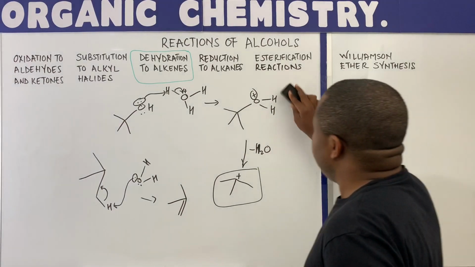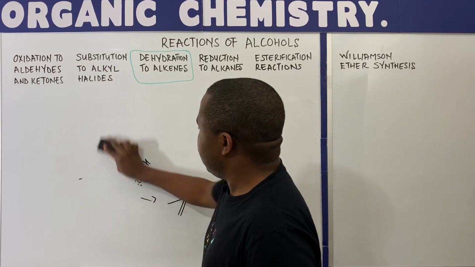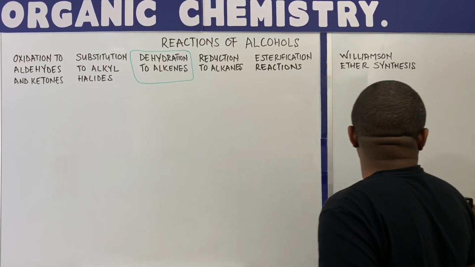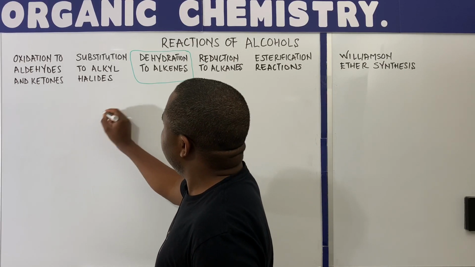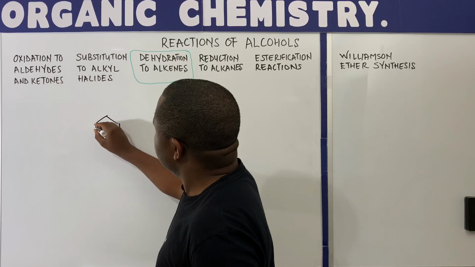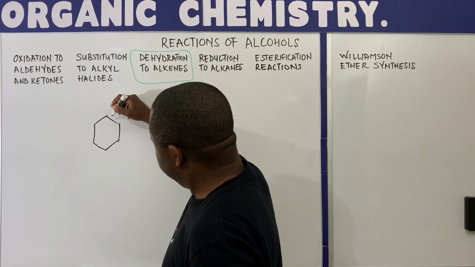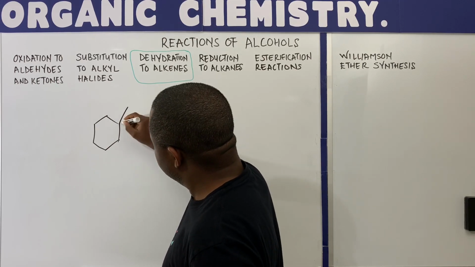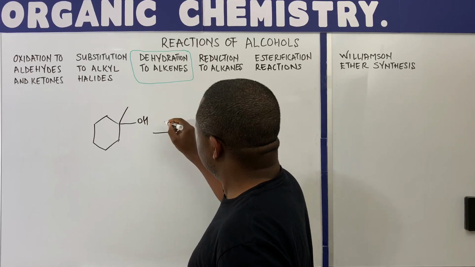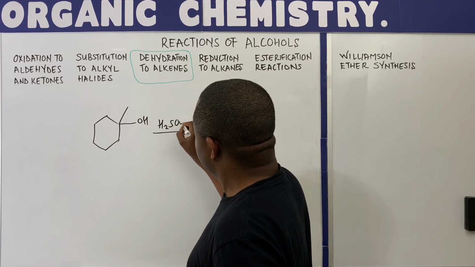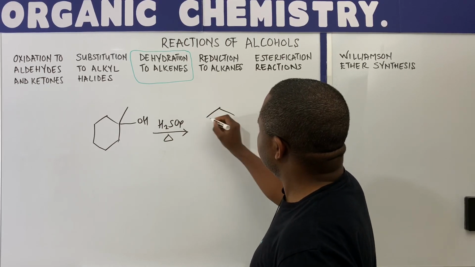And I'm going to look at another example, which is pretty much similar to this one. It's just that we can form 2 different products. If we start with the example I'm drawing now, so if we have something like this, and then we subject this to strong acid plus heat, we can form these 2 products.